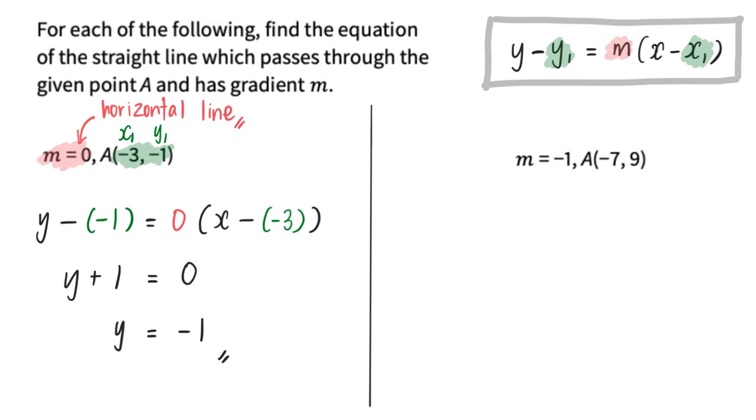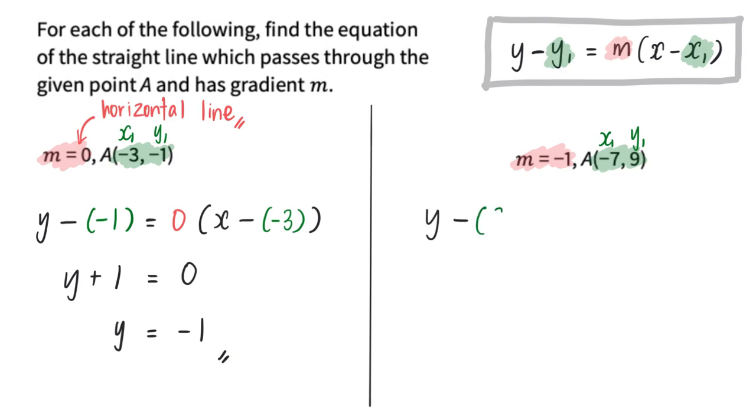Okay, so now that my gradient is negative 1 and my x1 is negative 7, y1 is 9, I am going to use this.